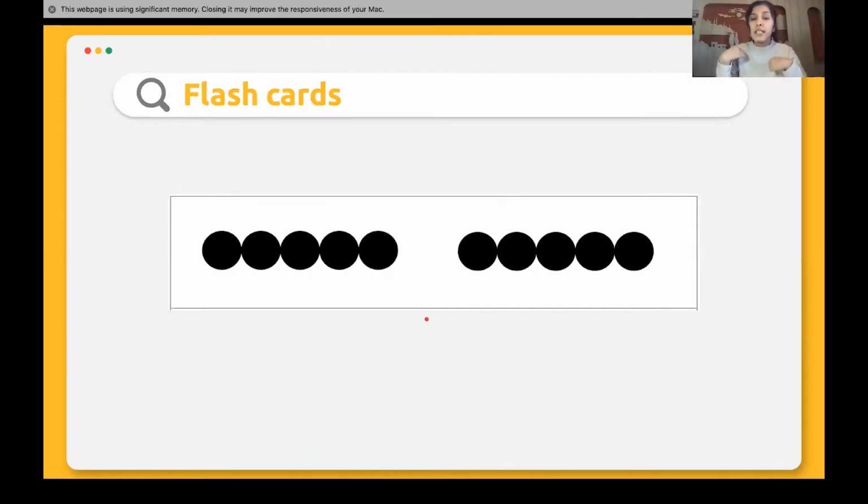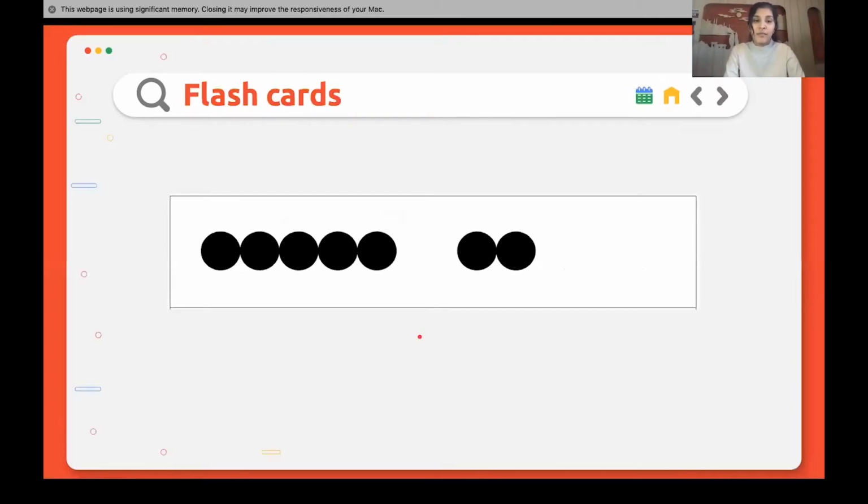How many dots does this card have? Yes, 10. How many dots does this card have? 7. Nice.